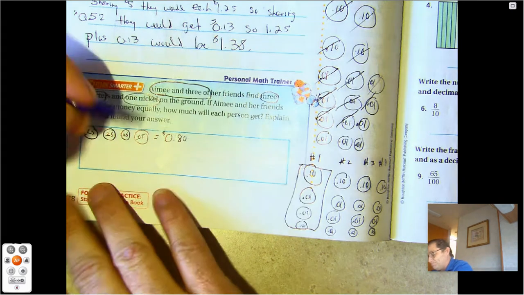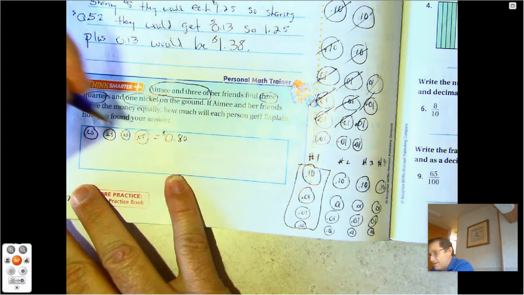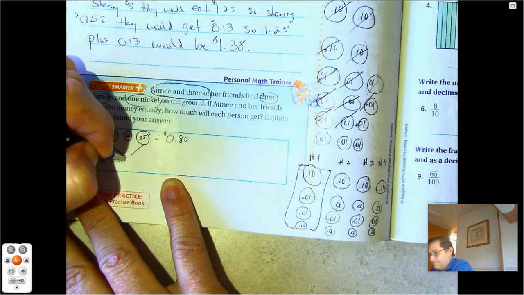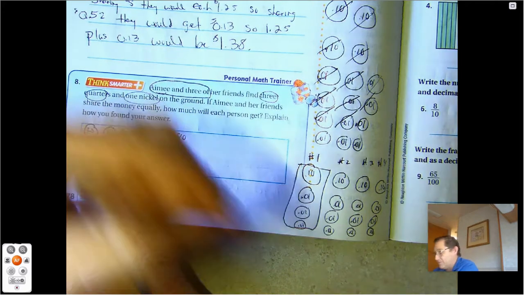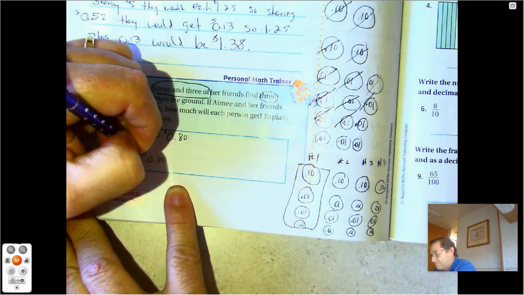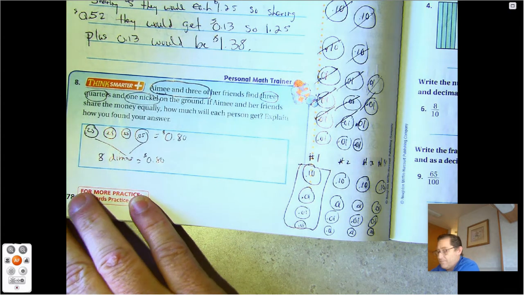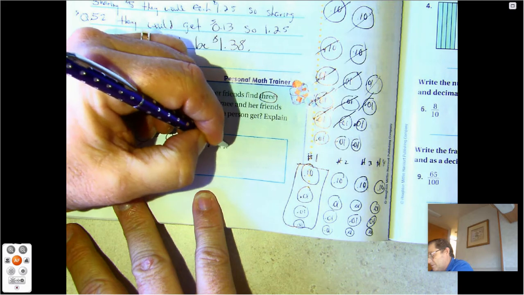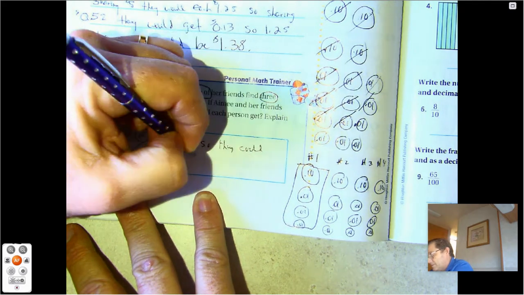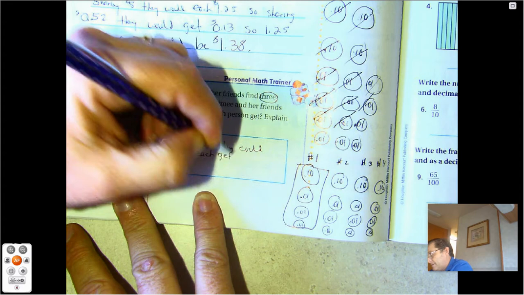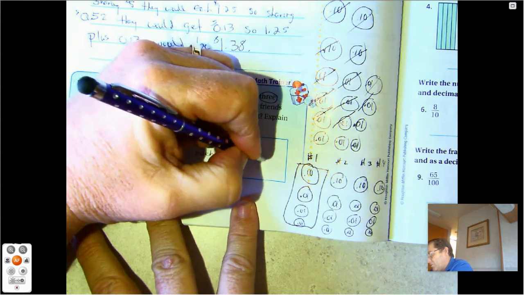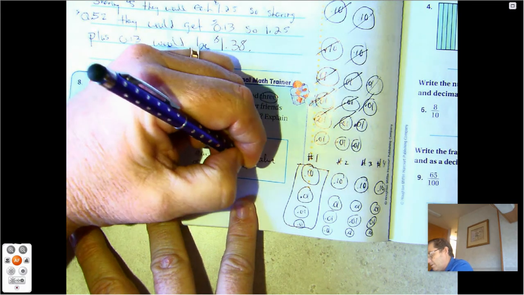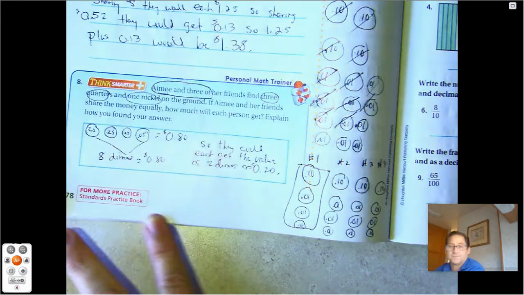Well, what if instead they were 8 dimes? 8 dimes equals 80 cents, right? So what is 8 divided by 4? Well, they would each get the value of 2 dimes or 20 cents.